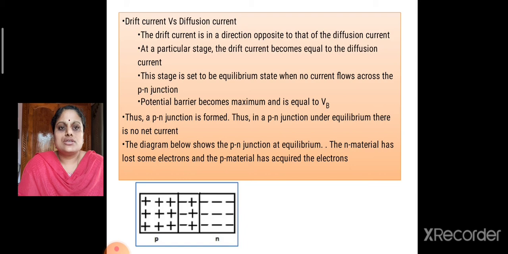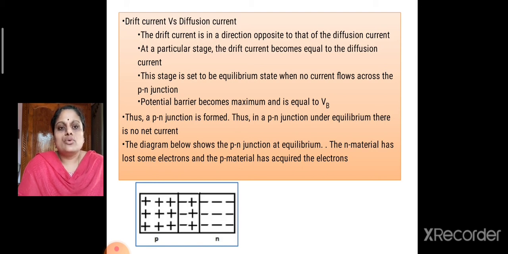This stage is said to be the equilibrium state, when no current flows across the p-n junction. At this time, the potential barrier becomes maximum and it is equivalent to VB. Thus, a p-n junction is formed. Thus, in a p-n junction under equilibrium, there is no net current.